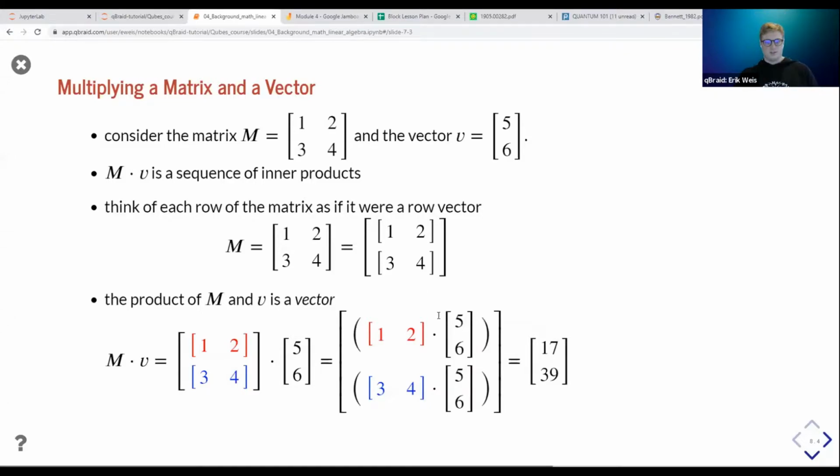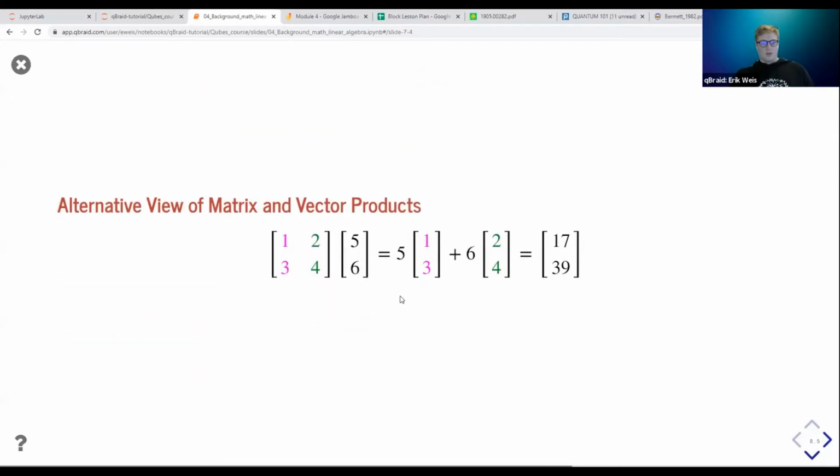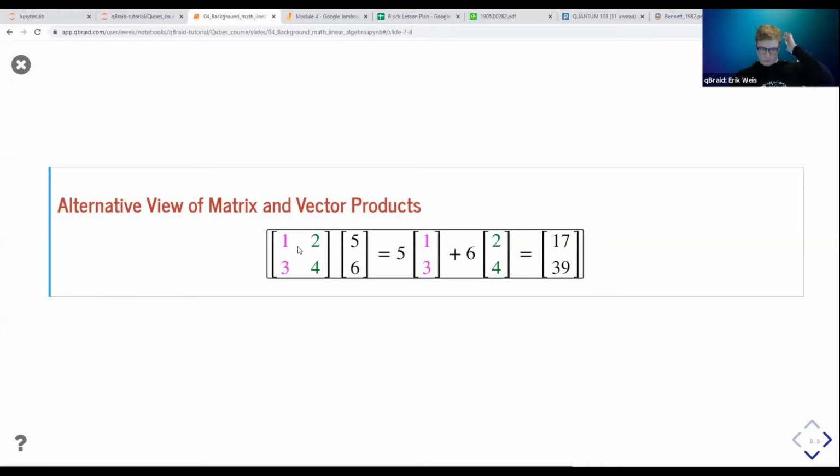Other than conceiving of this as a series of inner products between a row vector and a column vector, we can look at the matrix as a series of columns as well. Each of the columns corresponds to a vector, if you will. And again, this is just a bit of a preview. We'll see how this process works a little more later on.